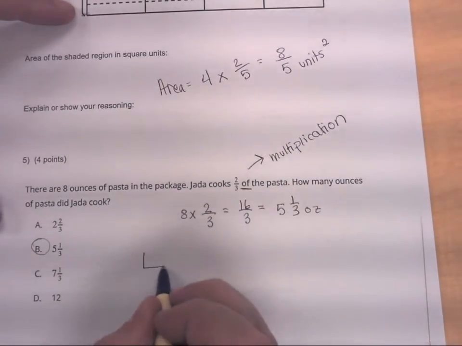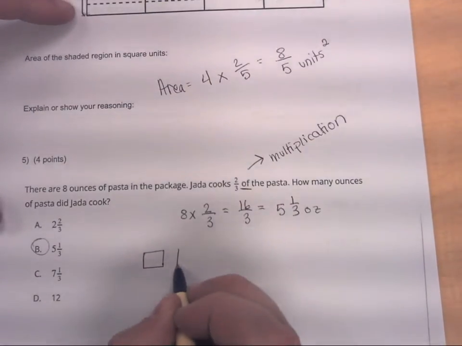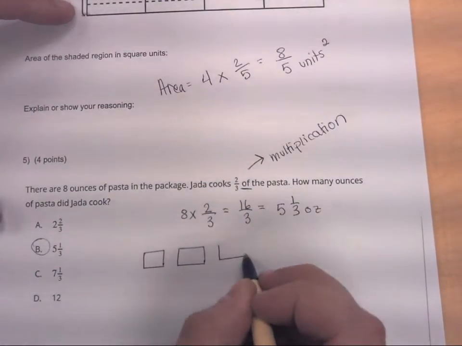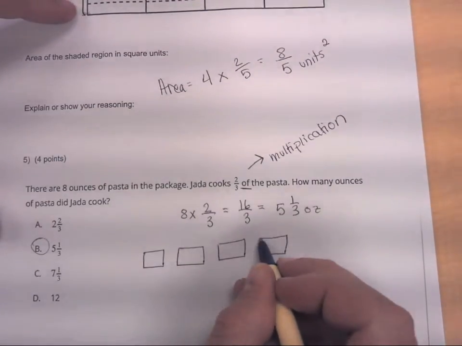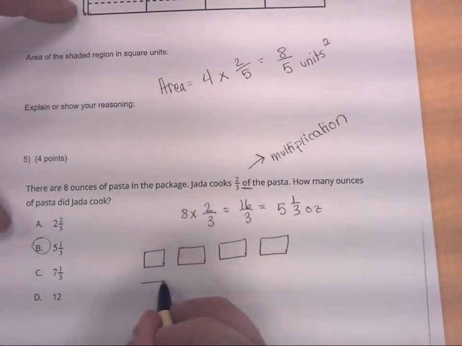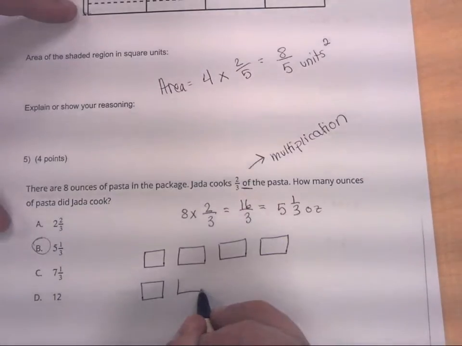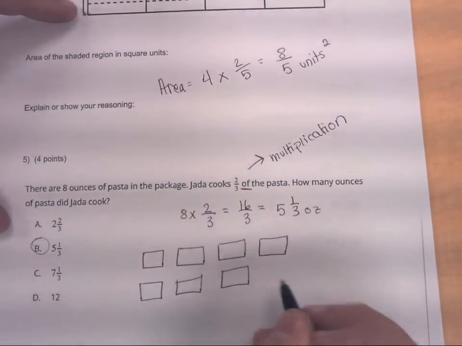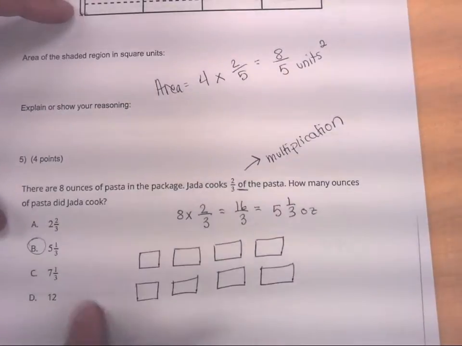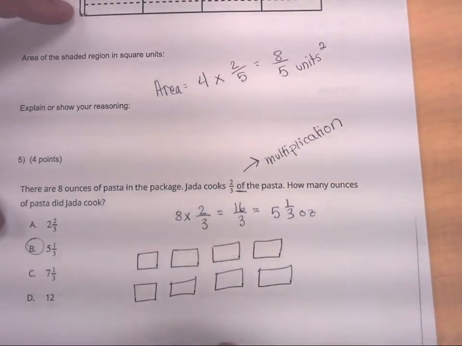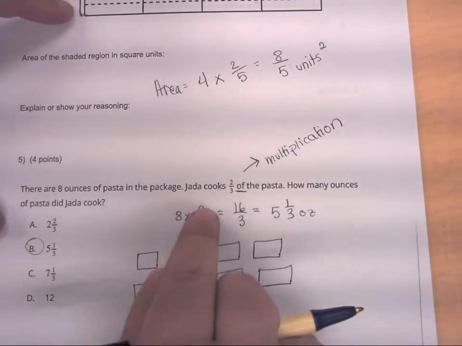So if one of these rectangles is representing an ounce of pasta, I'm going to draw 8 of these. So we can pretend that I have 8 ounces of pasta represented here.